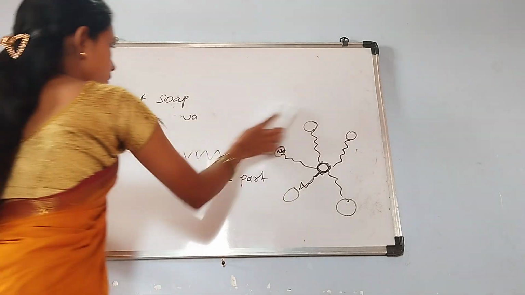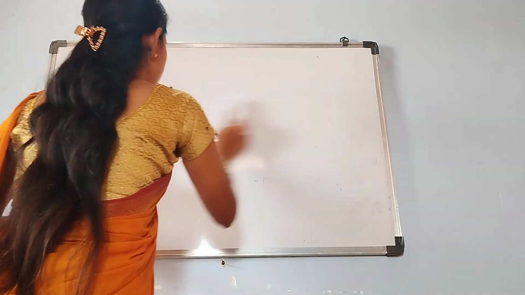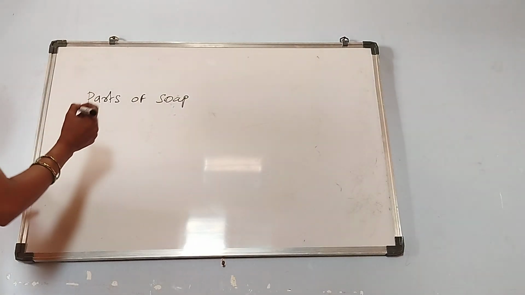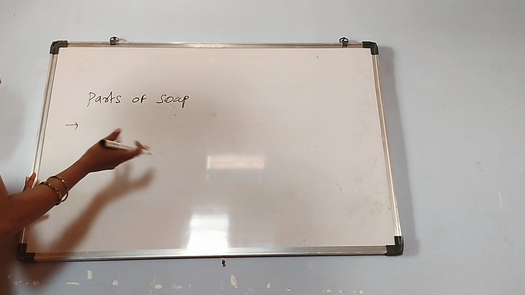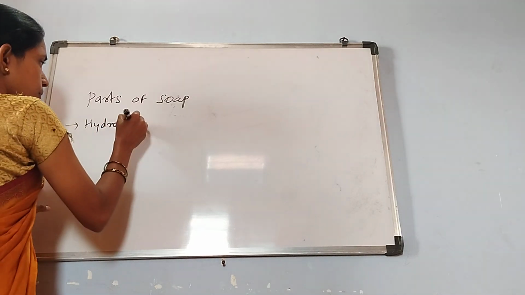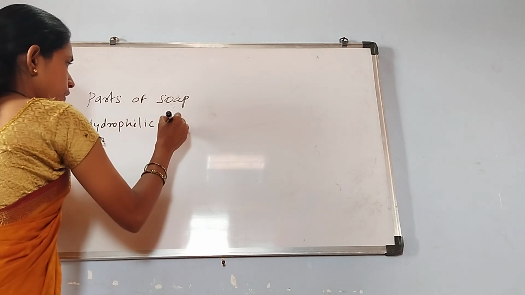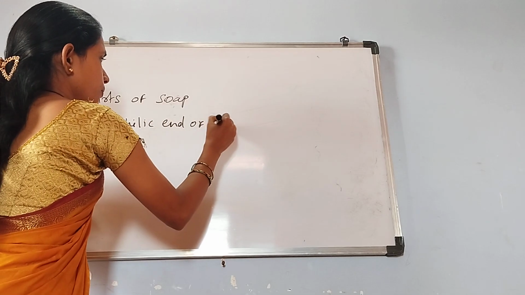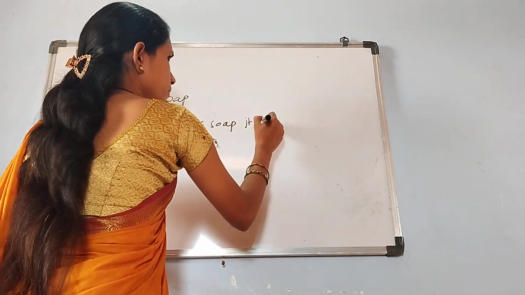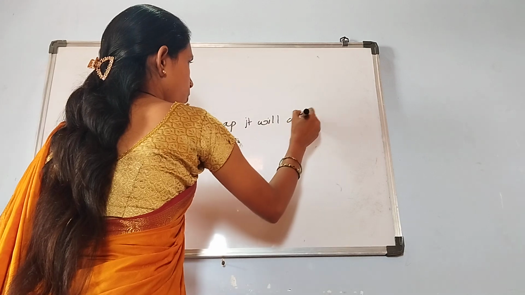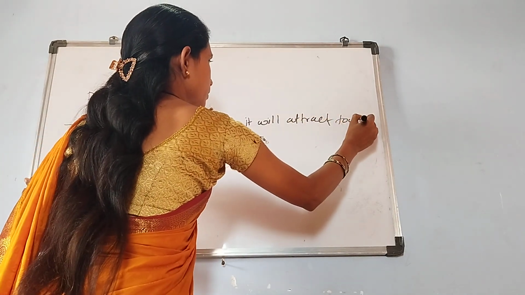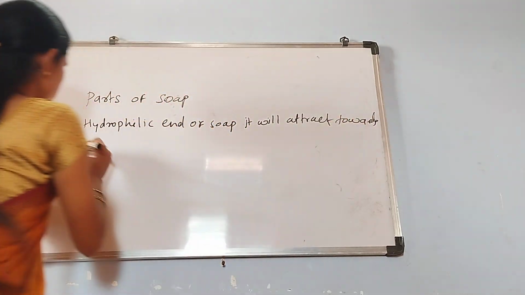So we can write the steps for the cleansing action of soap. First, the parts of soap, that is the hydrophilic and hydrophobic parts. The hydrophilic end of soap will attract towards water.